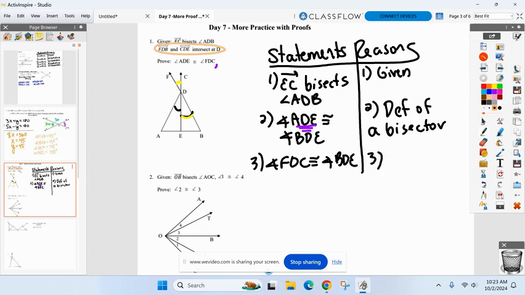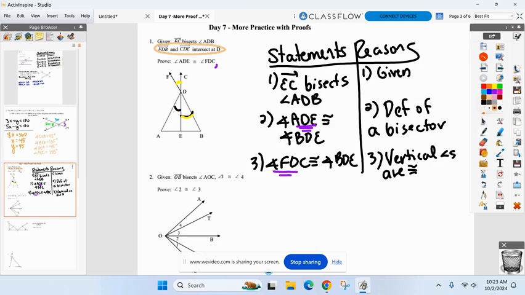And what's your reason here? Violet. Vertical angles are congruent. Remember, you do not need to tell me that they're vertical. Perfect. Now we got FDC involved. Look at your work, please. Look at what we just did in steps 2 and 3 so we can finish this. We said ADE is congruent to BDE and also FDC is congruent to BDE.